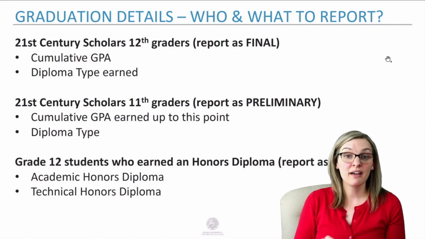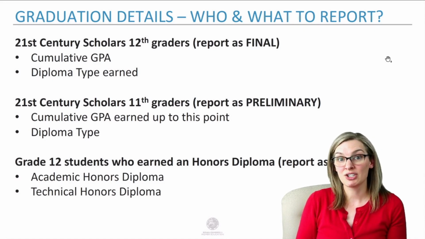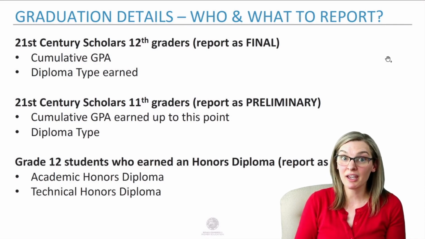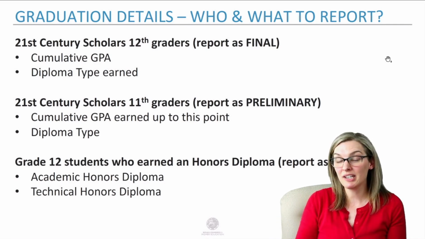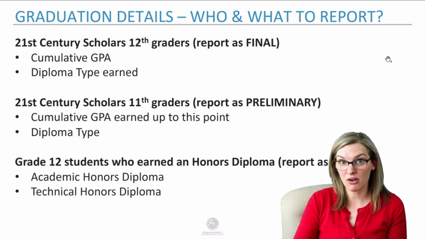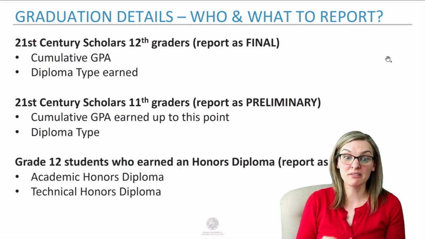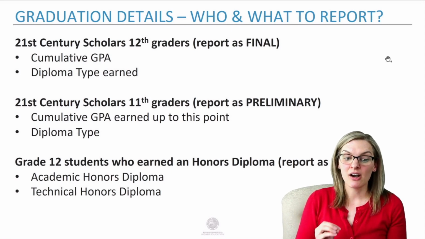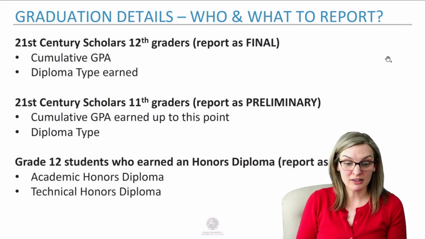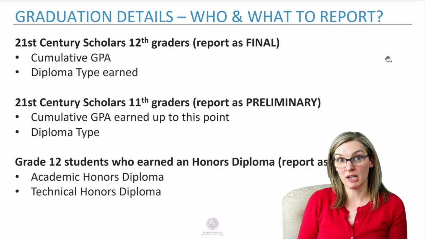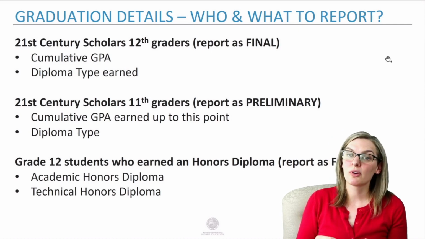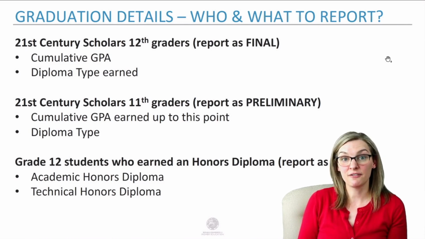For our 11th grade 21st Century Scholars, you will report all of their information as preliminary, and then we just need their cumulative GPA up to the end of junior year, and then the diploma type path that they're currently on. And then the last group of students we need are grade 12 students who earned an honors diploma, either academic or technical honors, and you will report those students' status as final as well.